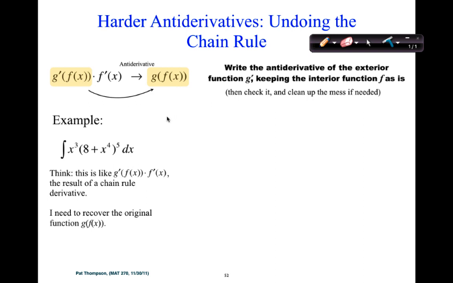How can we check? If it's exhibit B, then the derivative of that has to essentially be that. What is the derivative of 8 plus x to the fourth? 4x cubed. We have x cubed. Is the 4 a problem? No. Constant multiples we can take care of.